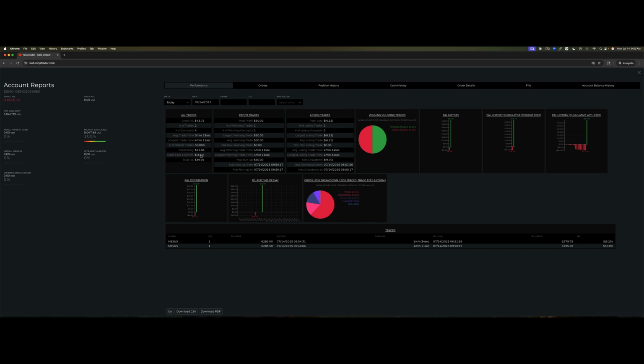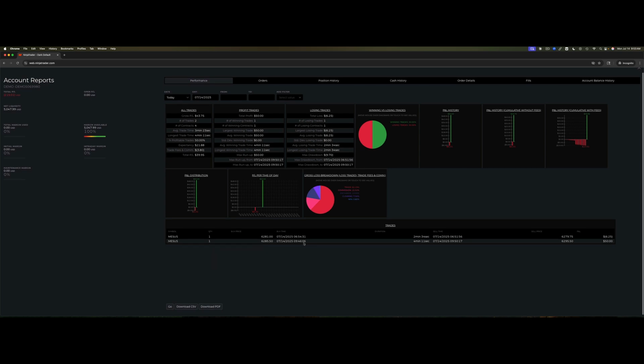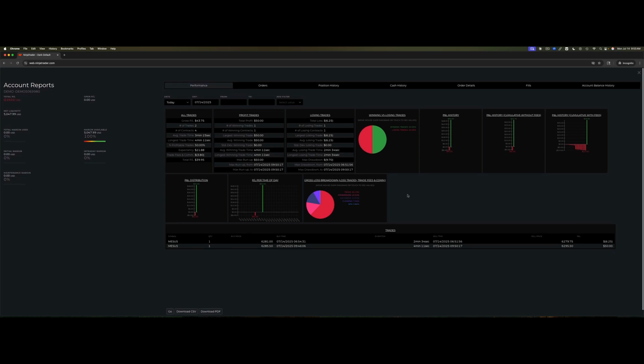Oh no, this is four trades because this is counting last night. Yeah, these losing trades from whenever before I started messing around. I wonder if you could reset the demo account so it doesn't have all my test trades in it from yesterday.